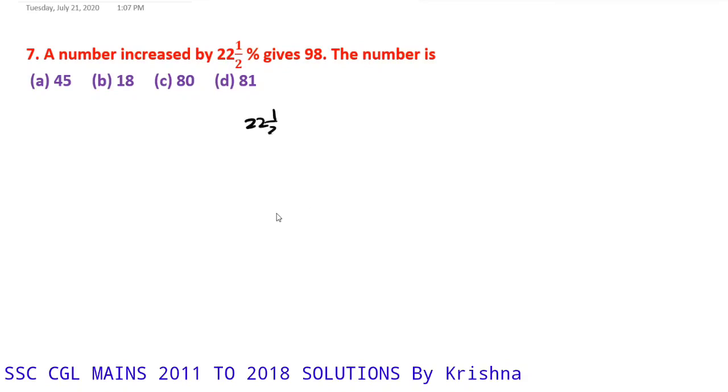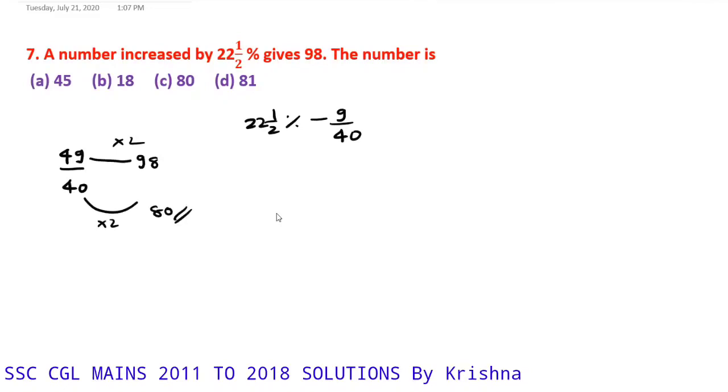In fraction can be written as 9 by 40. So initially let's assume initial number is 40. So number is increased by 22.5%, that is 9 units. So initially it is 40, now it is increased to 49, and according to question this increased number is 98 given, which is 2 times. So original number also is to be increased by 2 times, so the required number is 80.